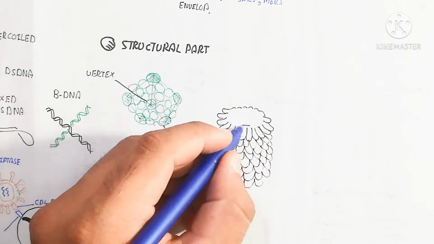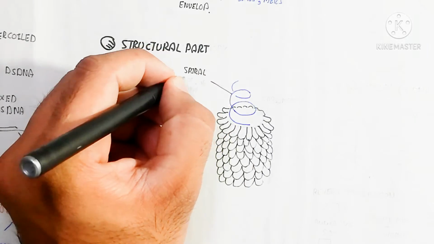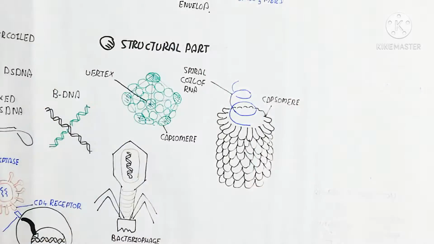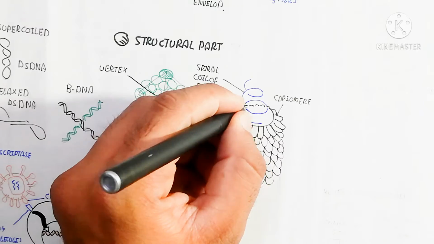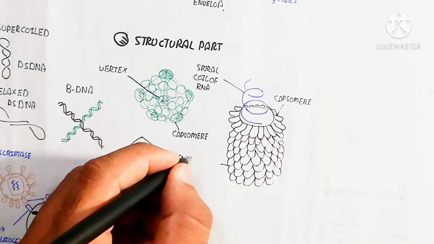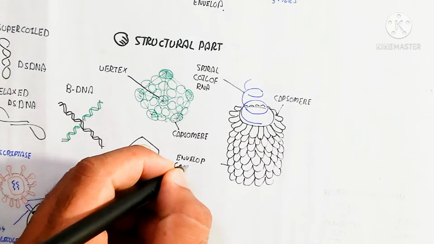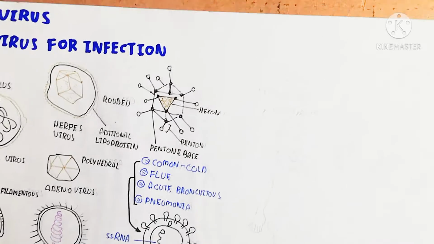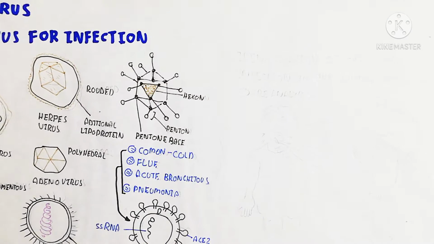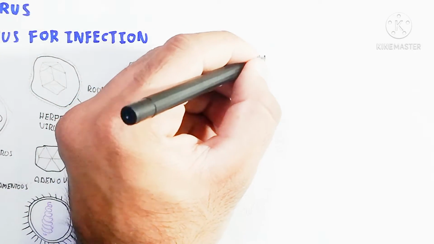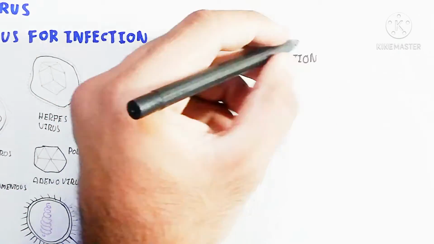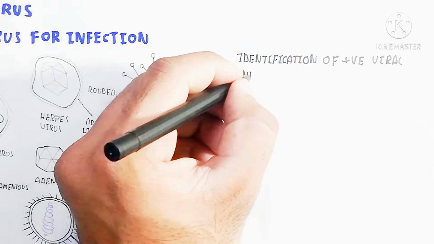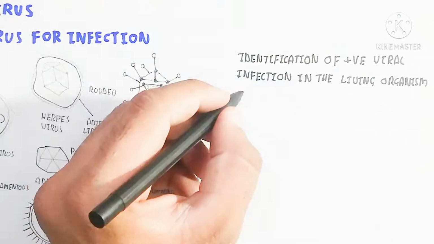While here the bacteriophage contains capsomeres that make up the capsid, while inside is a spiral coil of RNA, shown in blue color. And the bacteriophage contains a head region containing DNA, which infects the bacteria.